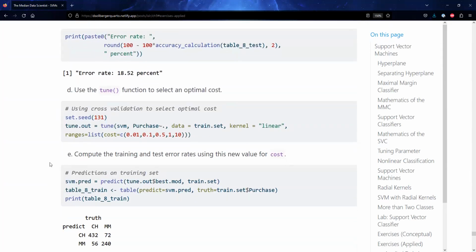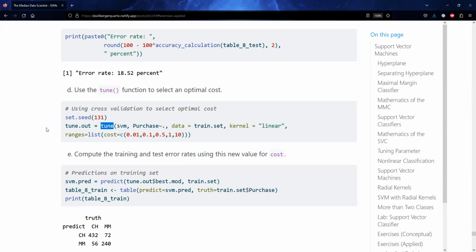Thus, if you have your code set up, you realize that you want to not only use one value of cost, you want to try out several different values for the sake of cross-validation. You run this through the tune command.